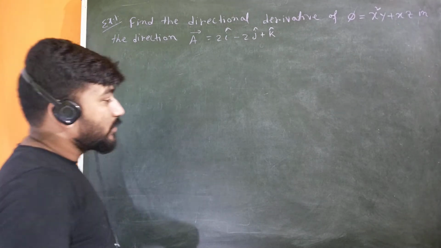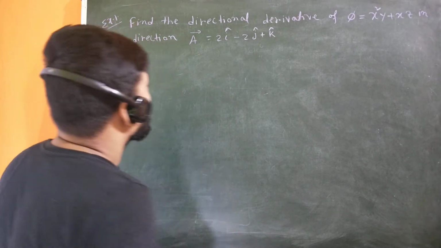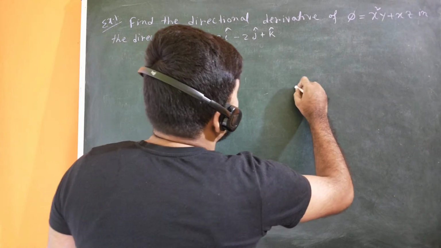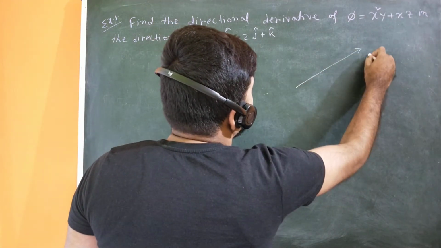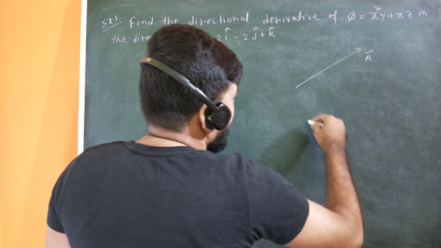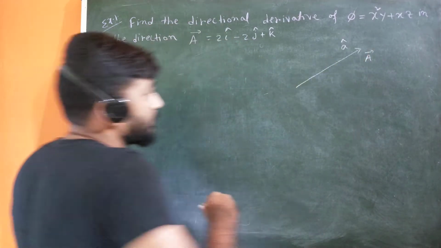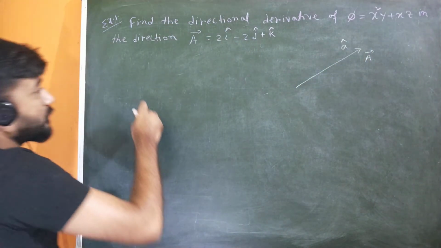So here the direction is given in the form of this vector a. Let me suppose the vector is in this direction, that is vector a, and the direction can be recognized by the unit vector a cap. So what is a cap?